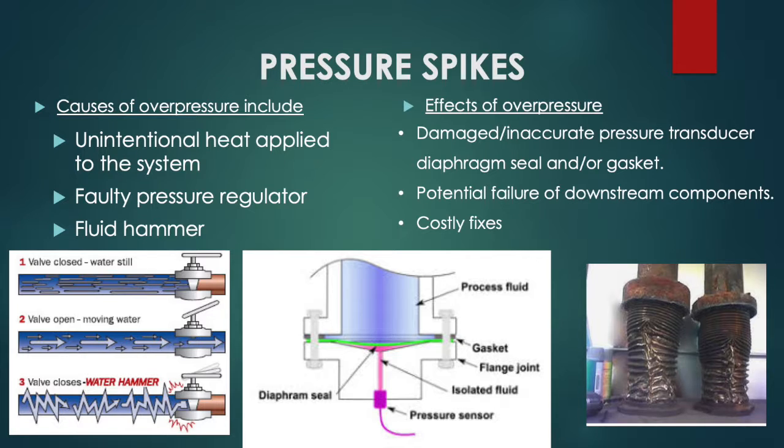It could also cause, like I said, potential failure of downstream components. So anything downstream from the transducer itself could be harmed, and also costly fixes. Look to the right corner, we have a scenario where things have been damaged by what we talked about, fluid hammering or things like that. This could be a potential case, so not good.